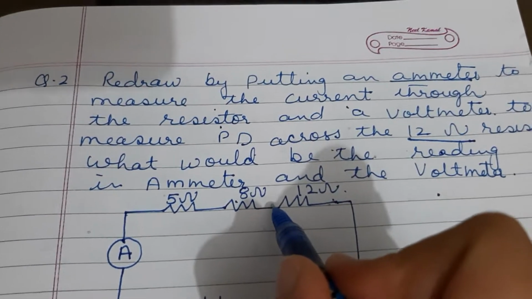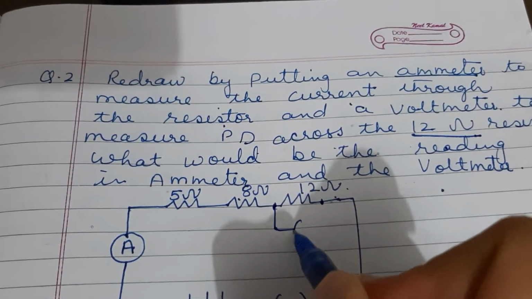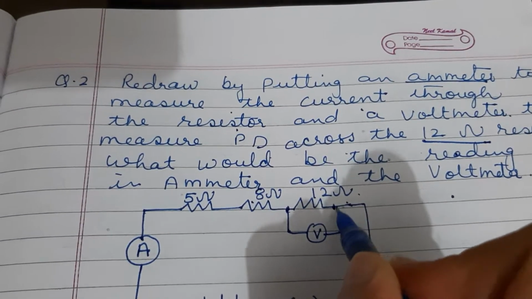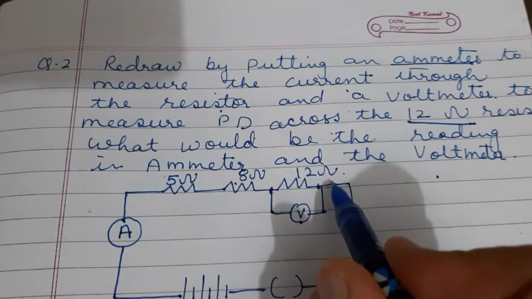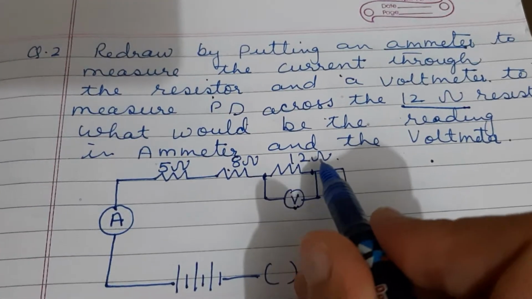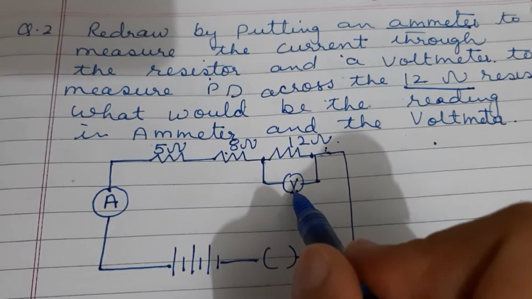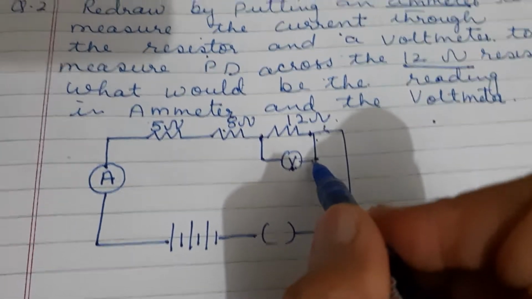So at the 12 ohm resistor we have to add a voltmeter. Now we know that a voltmeter is always connected in parallel combination, it is not connected in series. So across this 12 ohm resistor this voltmeter is connected in parallel, right students.